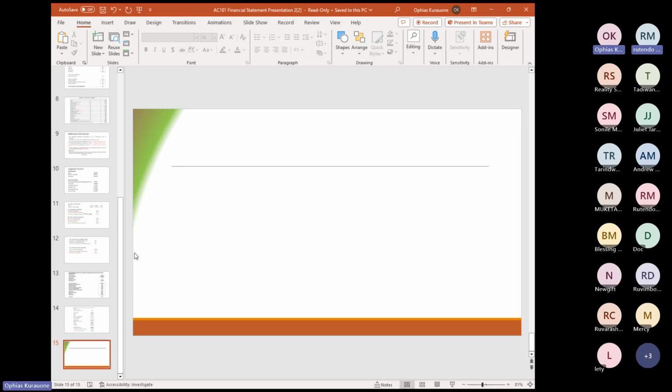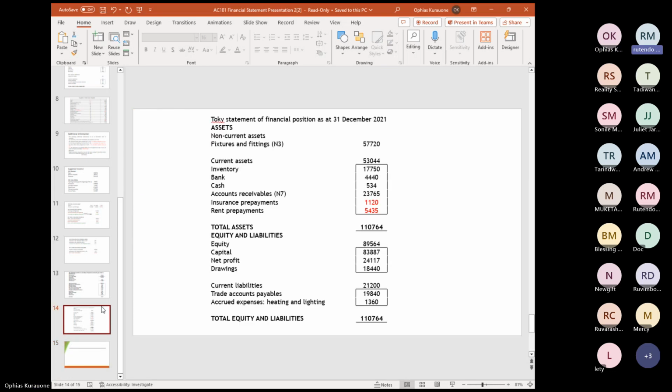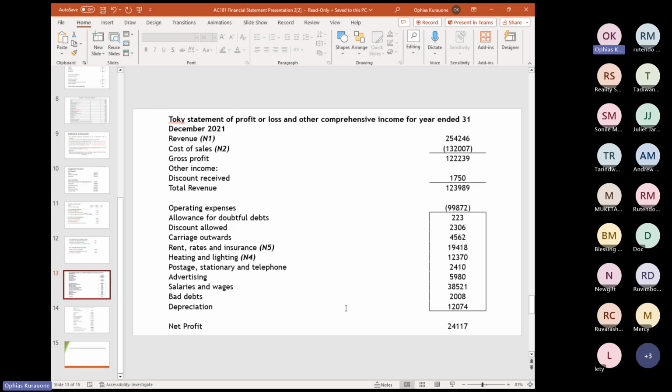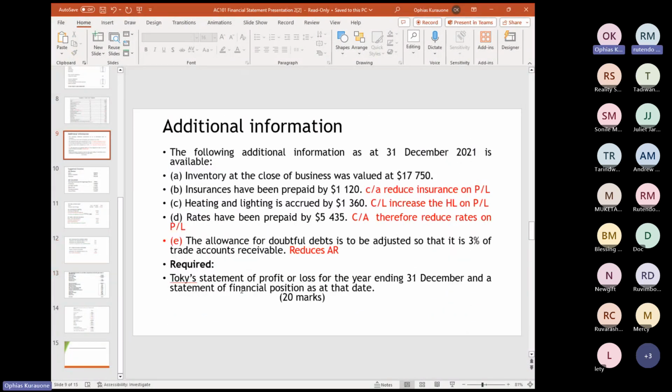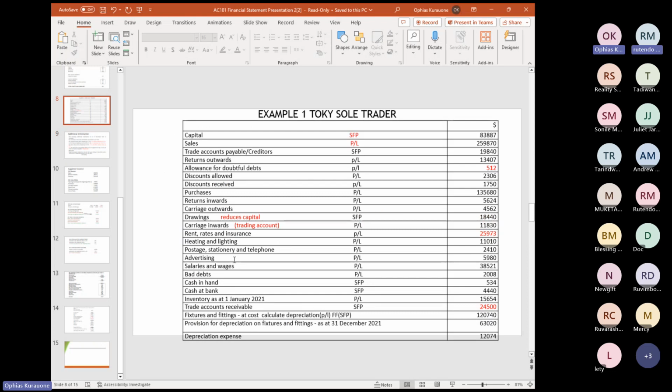We have what we call reliability and relevance. These are the key fundamentals. So when you are preparing financial statements, you should understand that.